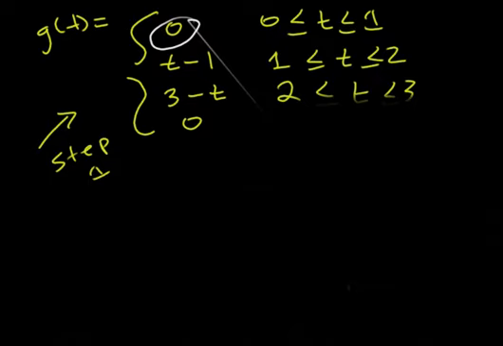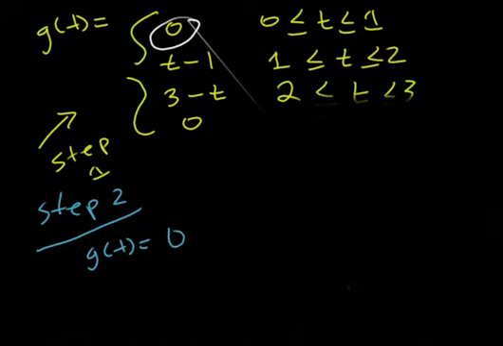So step two, after finishing this, is using the first one. What we do is g of t is the function starting at the point 0, and then we go and see the bound here, and we have t minus 1, right, the second function.